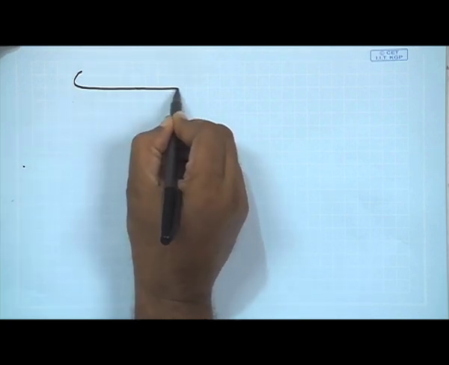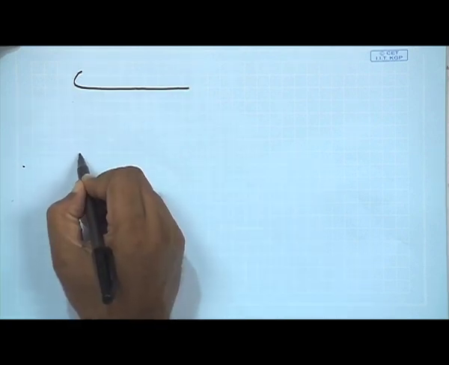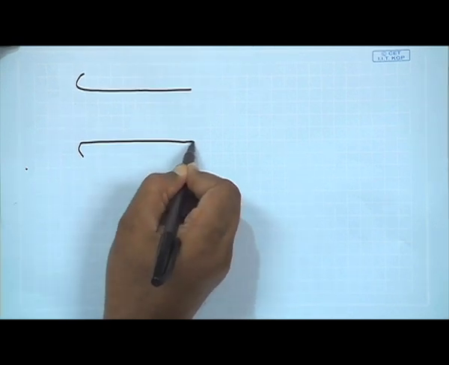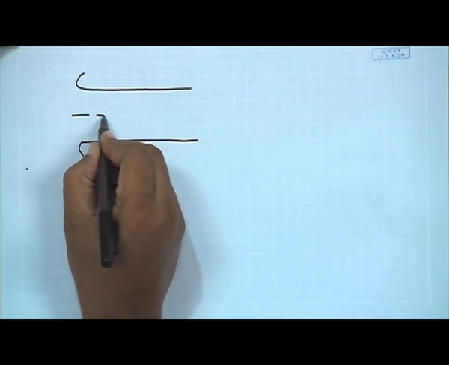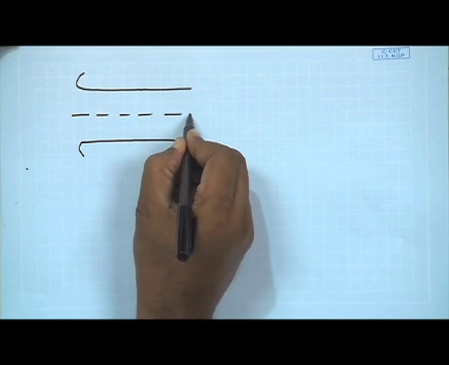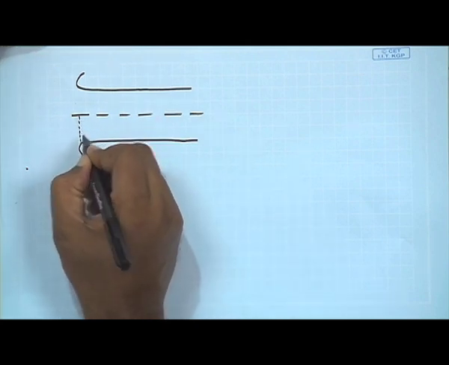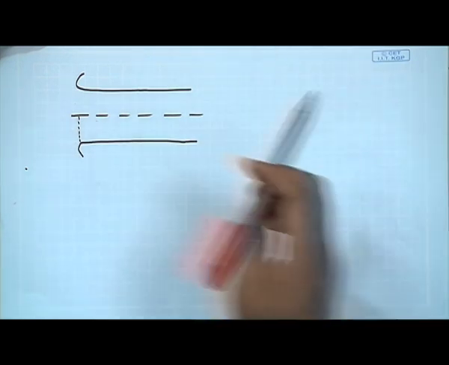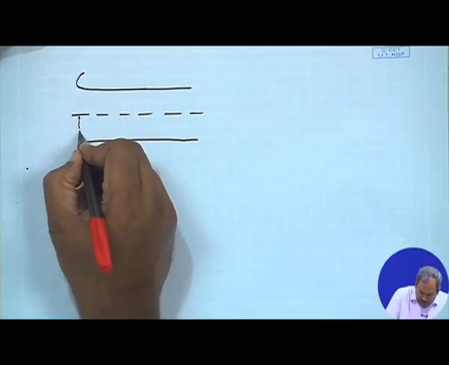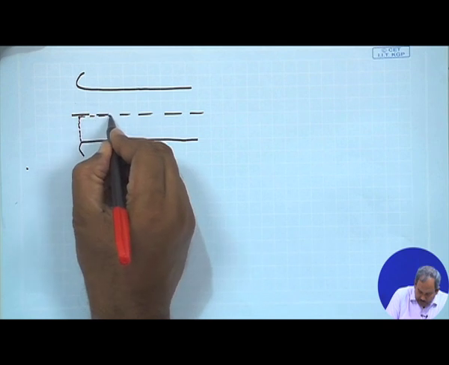This is the top plate and here we have the bottom plate. This is the center line, and I would take only half of the duct.